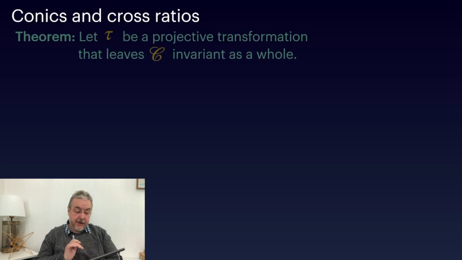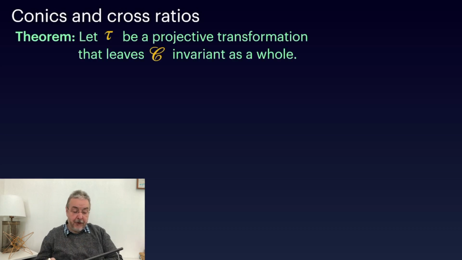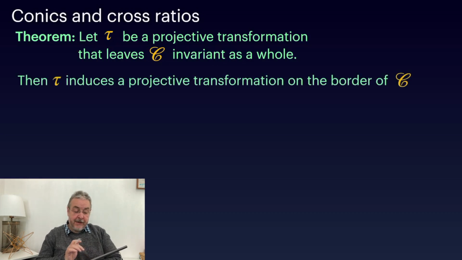And for that, we have to understand the relation of conics for points on it and the cross ratios they define. So here's the first theorem. Assume that you have a projective transformation, and this projective transformation leaves C invariant as a whole.